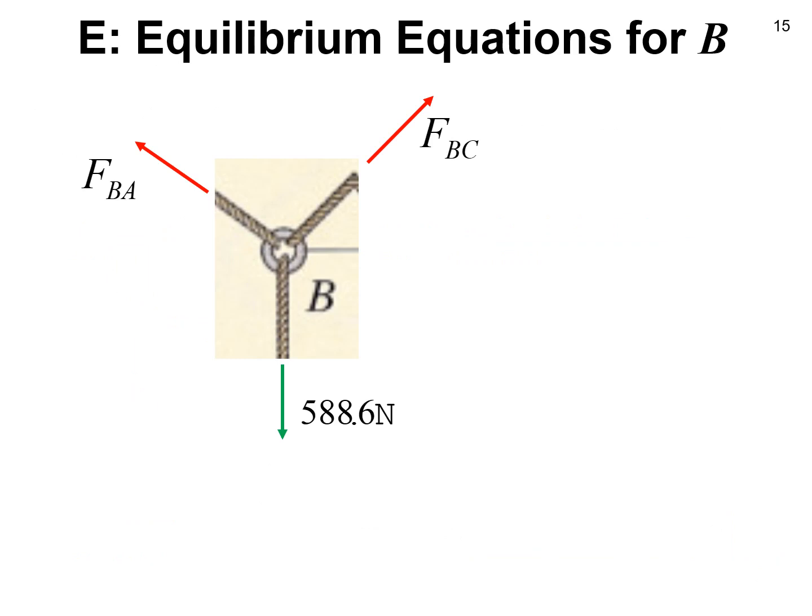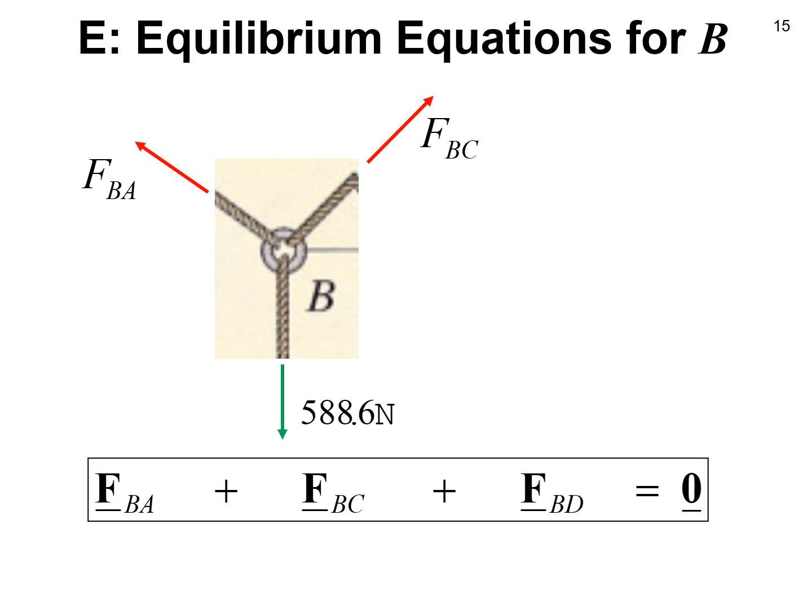Okay, so having said that, if we come back to our diagram for B, I'm now going to replace the weight with the known value of 588.6 newtons. Now we have two unknown forces remaining on this diagram. Again, in vector form, I can write the vector of BA plus the vector of BC plus the vector of BD equals 0.